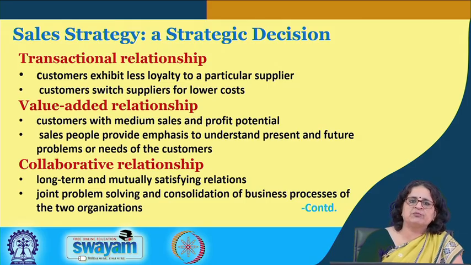So it is a joint problem solving and consolidation of business processes of the two organizations, often leading to partnerships, and these are clear, long term partnerships. So clear cut terms and conditions are laid out and agreements are signed, and both collaborate with each other to forge such long term relationships.